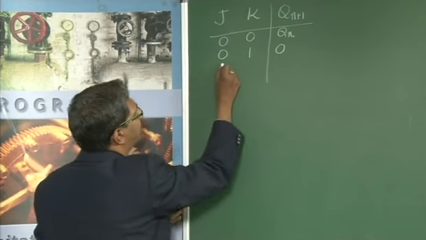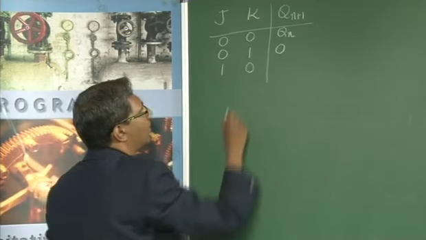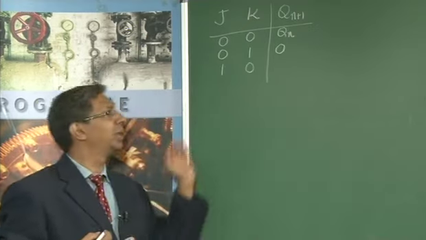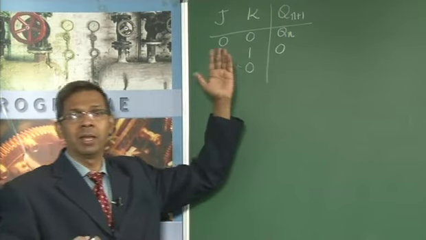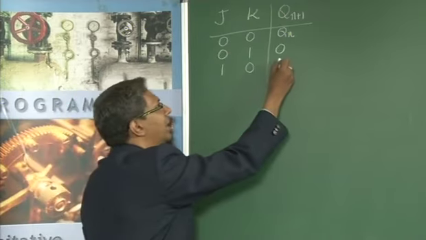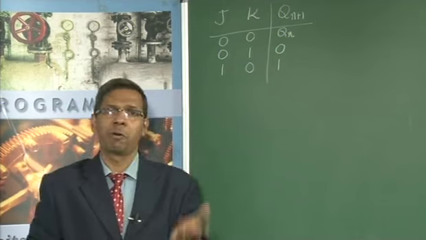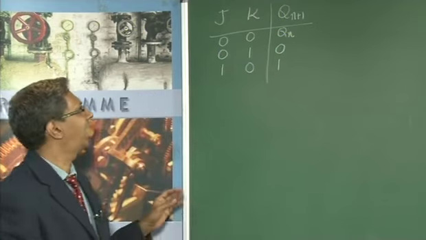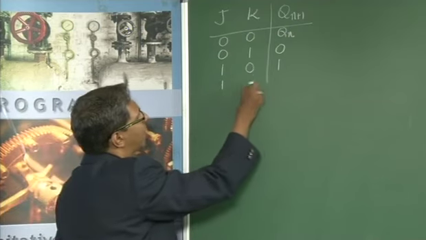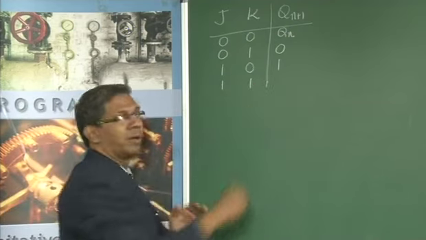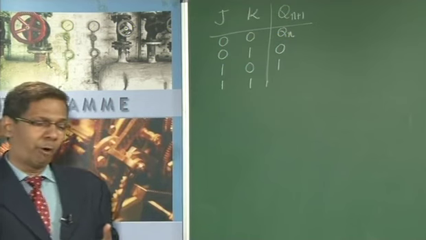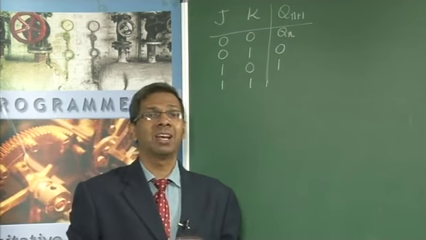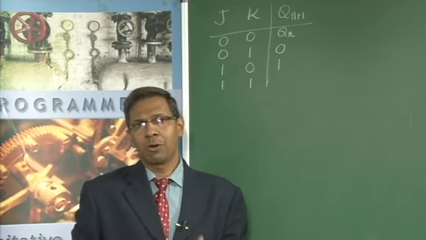Next, let us say the inputs J and K are 1 and 0, then the output is going to be set, right? So irrespective of what the previous output was, the new output is going to be logic 1 or logic high. Finally, if both the inputs are 1 and 1, the JK flip-flop goes into what we call toggle mode. What is toggle mode?